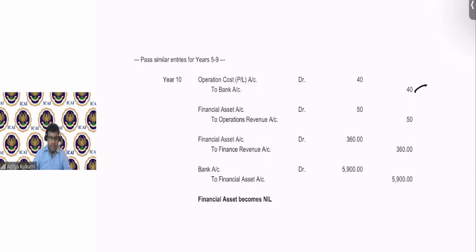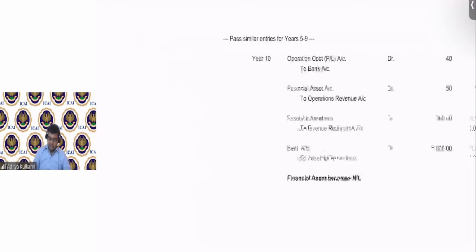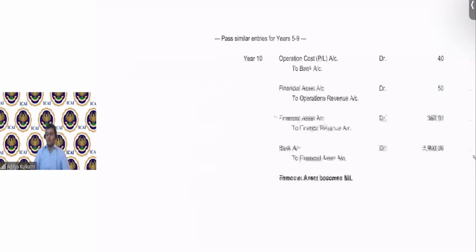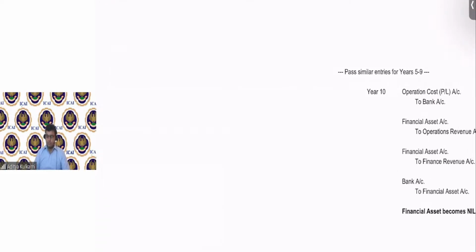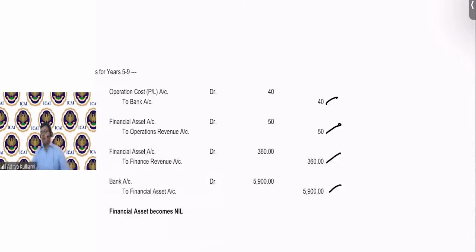At the end of year 10, operating cost, revenue, financial assets, and then whatever receivable is there, you add that to this and finish it off. So that takes care of a financial asset. Are we clear with this? Yes.